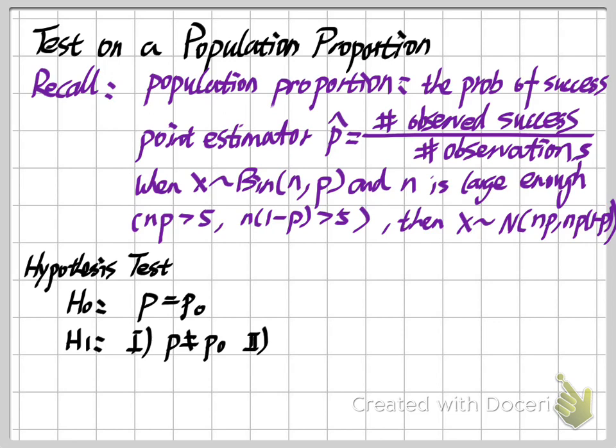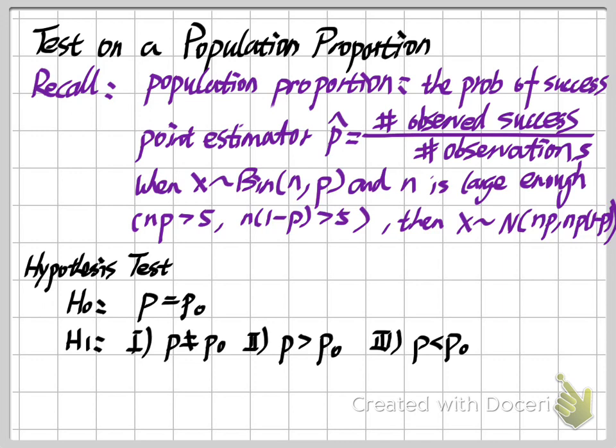The second and third are one-sided tests. For the second case we use p greater than p0, and for the last one we have p smaller than p0. This is our assumption, or hypothesis, about our population proportion.